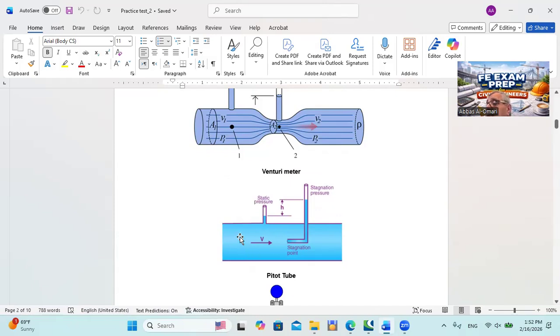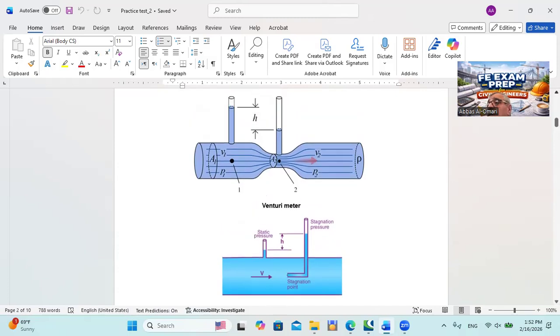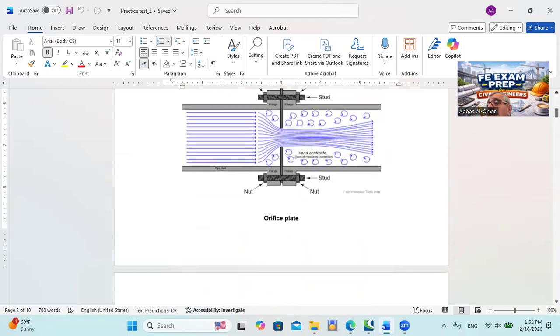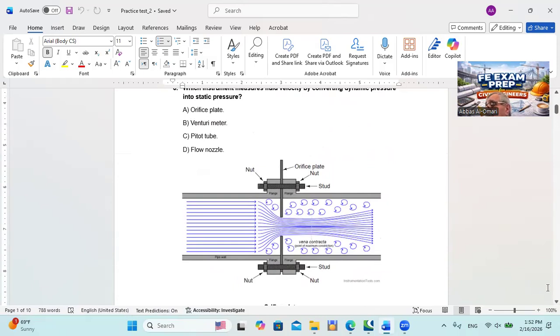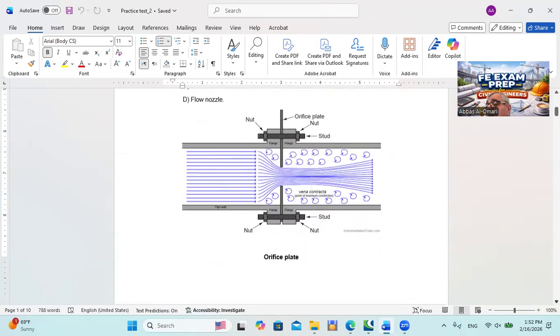So the principle of this device is based on converting the pressure energy upstream to static pressure at the stagnation tube. So the answer is the pitot tube. Just answer C. The next question.